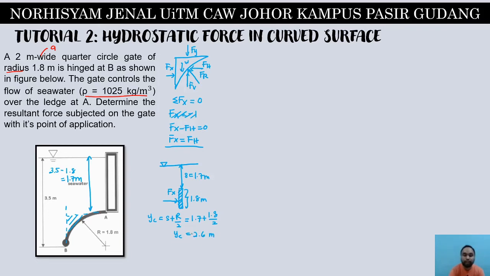Based on this, we will continue and calculate at the top here. Fx is equal to rho g yc sine 90 degree A, which is equal to, this density is 1025, 9.81, yc is 2.6 meter, sine 90 is 1, A is 1.8 times 2 meter.